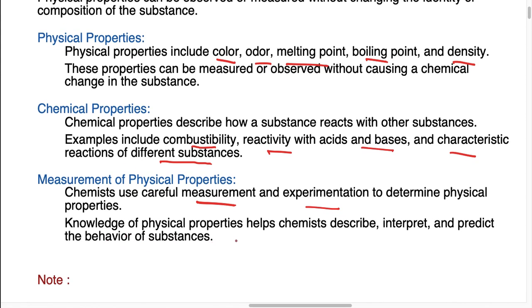The knowledge of physical properties helps chemists to describe, interpret, and predict the behavior of substances.